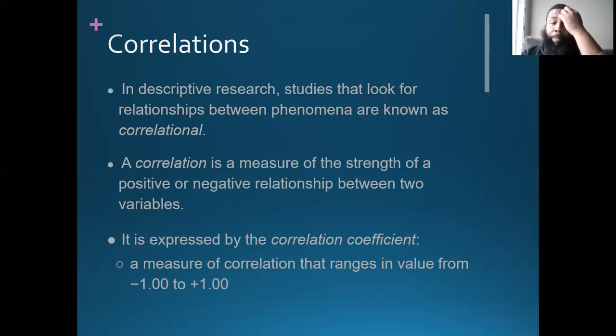So a negative relationship would be anything that goes from like -0.1 to -1. And a positive relationship would be anything that goes from +0.1 up to +1. If you have a relationship of 0, then there is no relationship whatsoever.